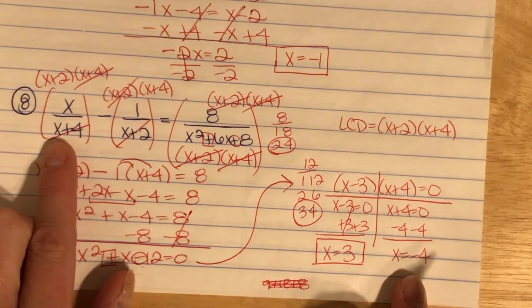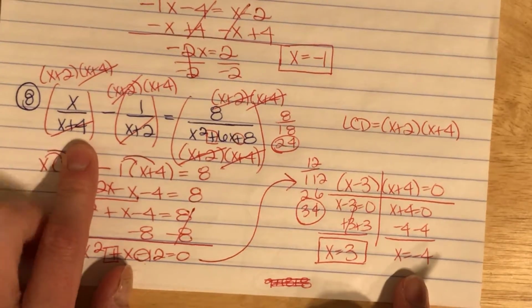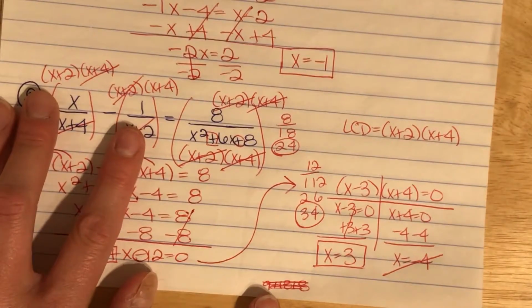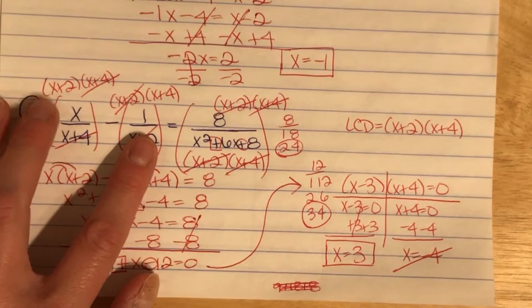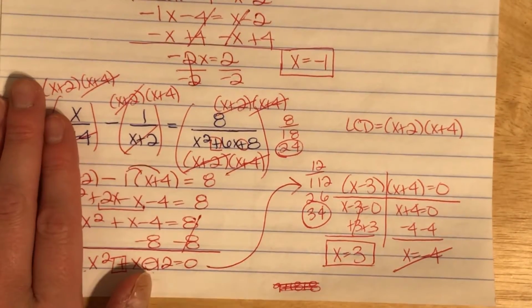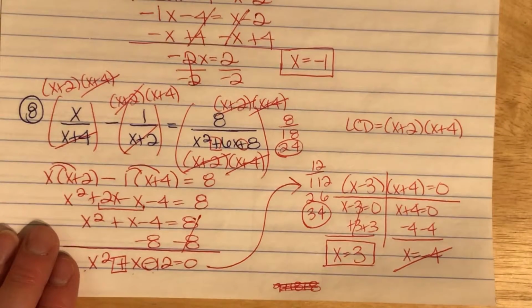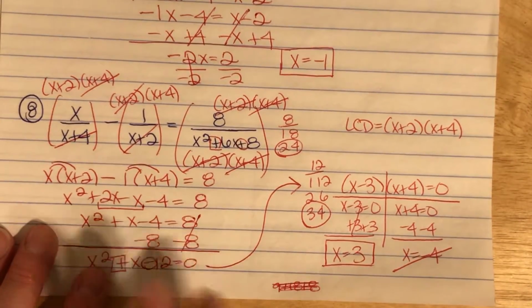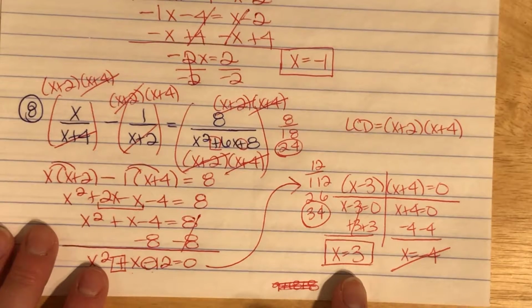Negative 4 plus 4 is 0. Oh, right away, it creates the value of 0. We reject it. So I said before, you can have two solutions, reject one, keep the other one. You can have two solutions, keep both solutions, or have one solution and reject that one solution, have no solution. So it's possible to have no solution, one solution, or two solutions. So for number 8, our answer is x equals 3.